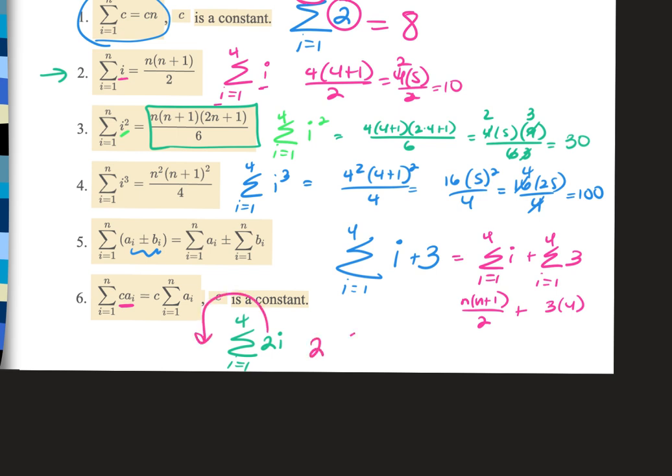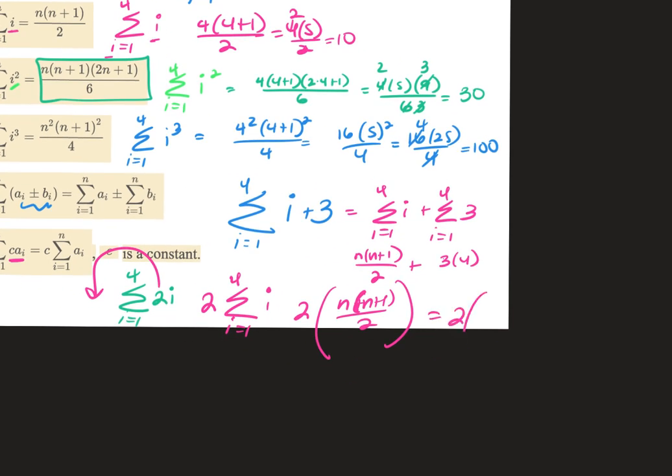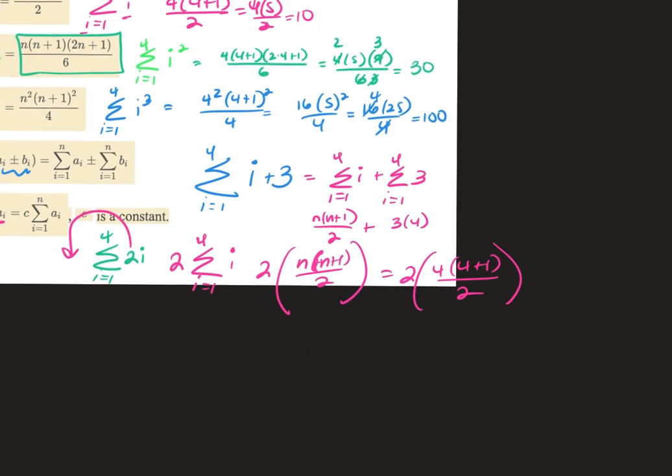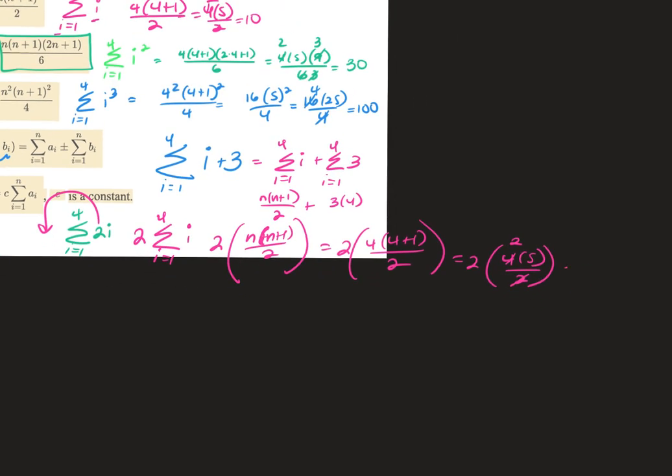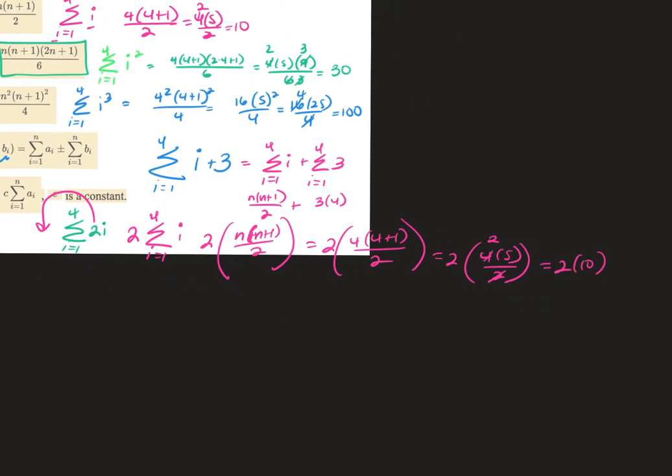It's going to be 2 times the summation of i from 1 to 4. And then I use my rule for i. So it's 2 times n times n plus 1 over 2, where n is 4. So I'd get 2 times 4 times 5 over 2, or 2 times 10, which is 20.